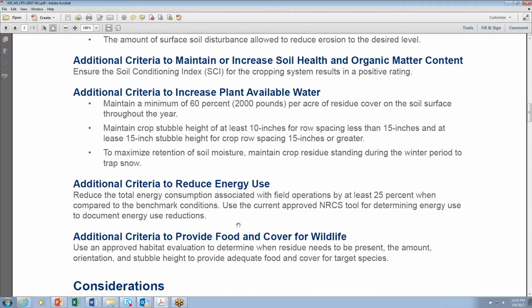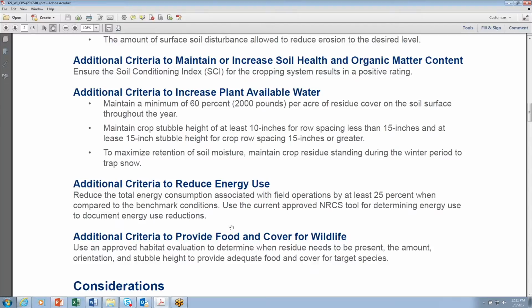Then we also have reduced energy as a purpose for this practice standard. So if your total energy consumption, and that's something that Russell 2 will spit out at you, is at least a 25% reduction in energy use, then you meet the purpose for that particular criteria if that was your purpose that you were targeting.